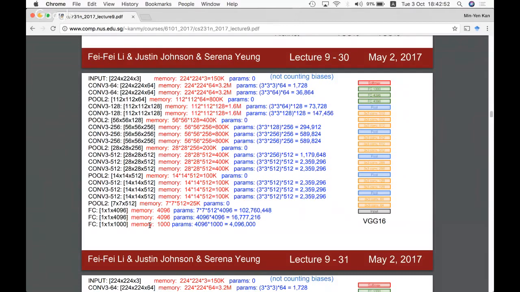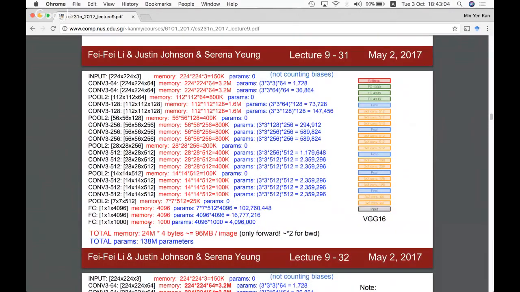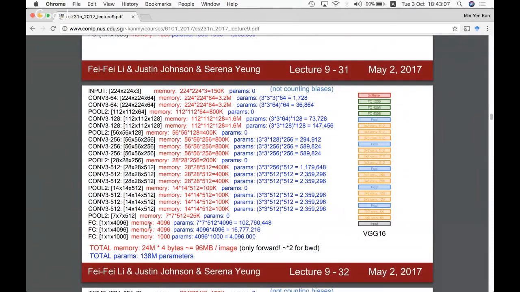Here they're talking about the overall memory and the parameters computed at each layer. In one forward pass, just summing up all this memory, the total is about 24 million numbers, and each number is 4 bytes.